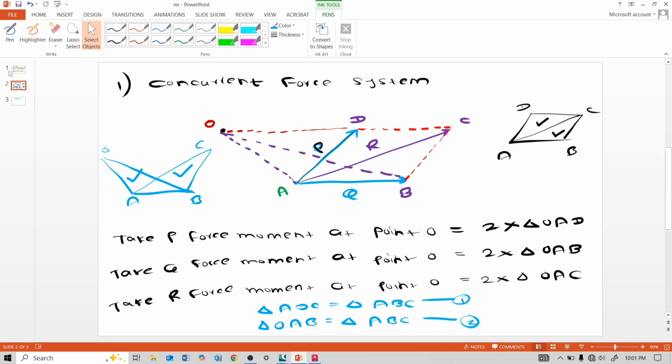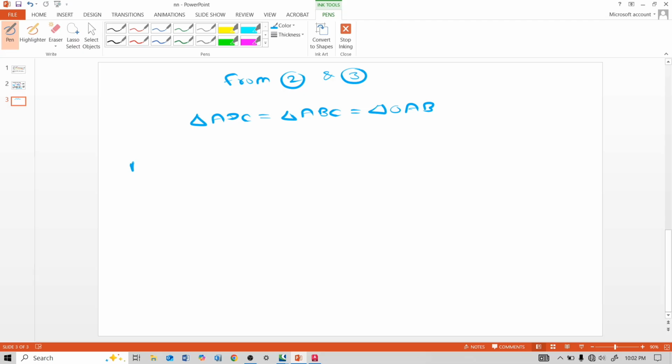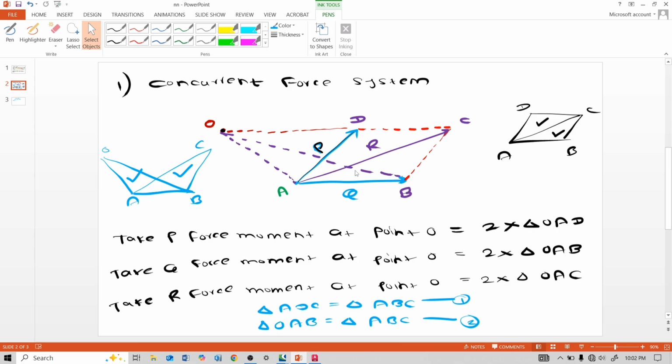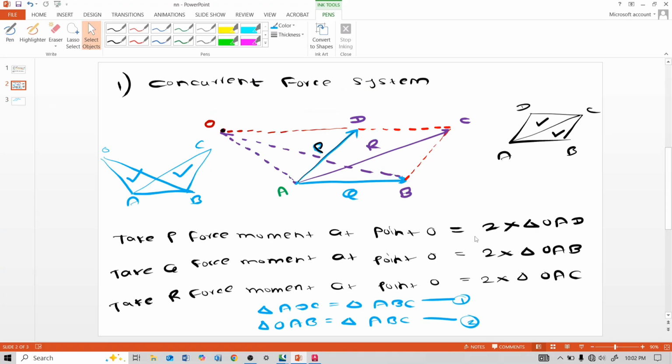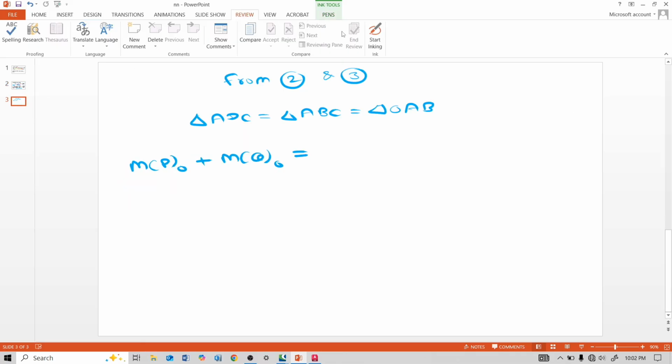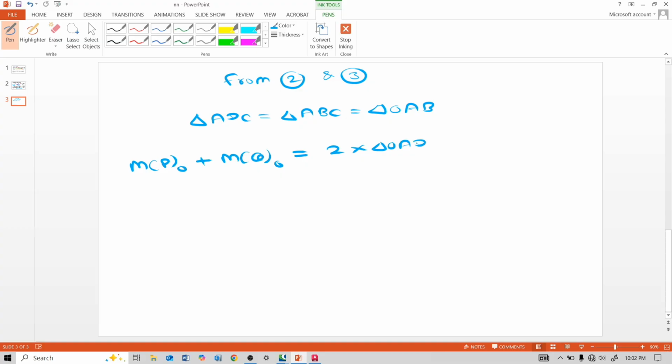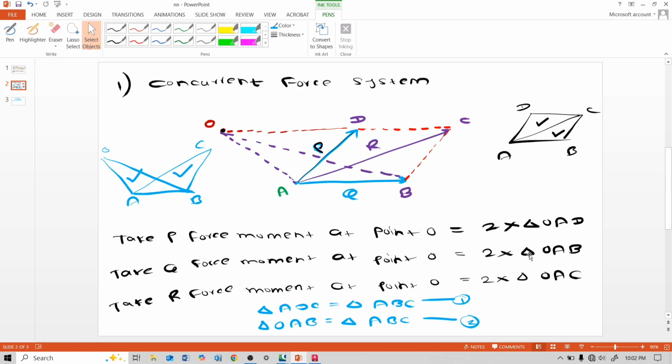Now see here, moment of P at point O plus moment of this Q force, this P and this Q, moment of Q force at point O is equal to, see here, moment of P at point O is 2 into triangle OAD plus, moment of Q at point O is 2 into triangle OAB.